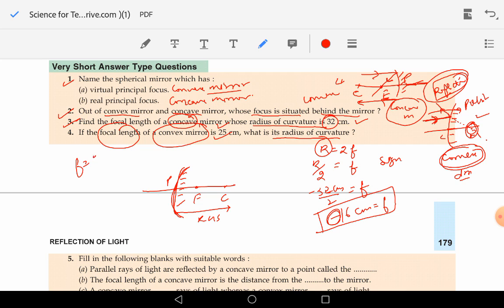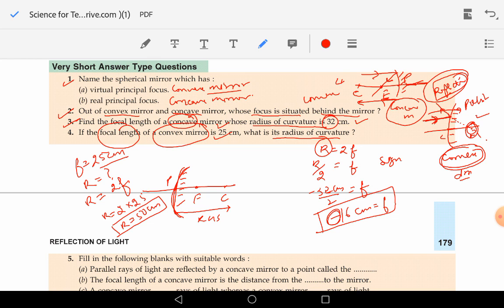So if the focal length is 25 centimeter, we can put a positive sign, or we can ignore it also. Now what is the radius of curvature? We know the radius is double the focal length, so it will be 2 into 25, and the final answer comes out to be 50 centimeter, and it is going to be positive.